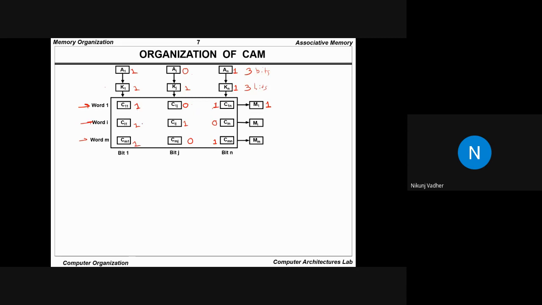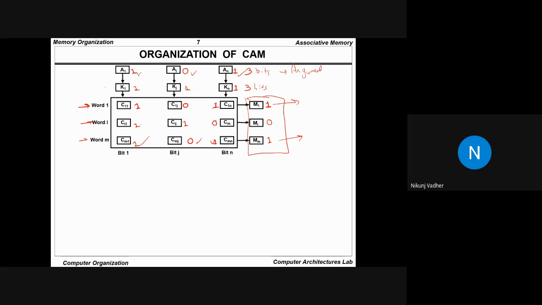Here, 1 and 1 is matching, but 0 and 1 is not matching, so immediately this will be marked 0. For the third one, 1 and 1 is matching, 0 and 0 matching, 1 and 1 matching. All three bits are matching, so we will mark it as 1. At the end of iteration, we look at the match register, and wherever there is 1 at that location, the argument is matching.